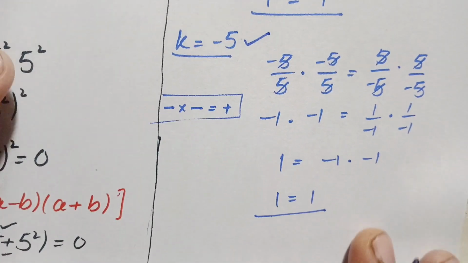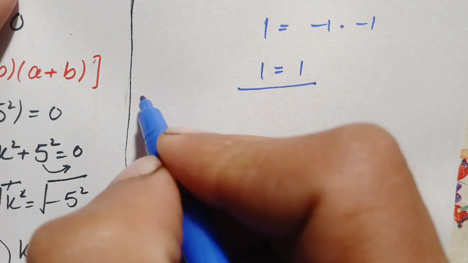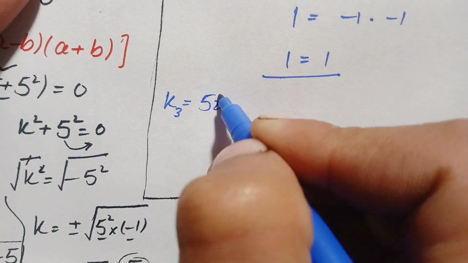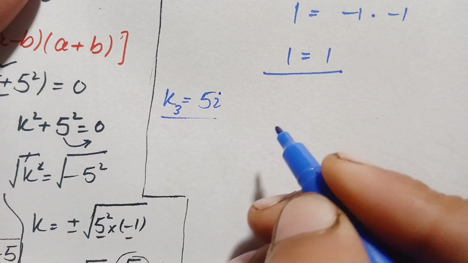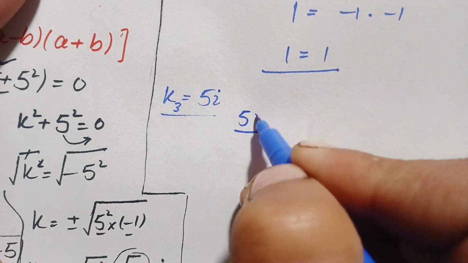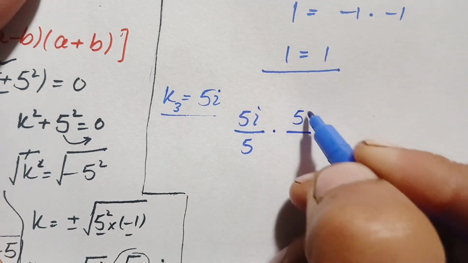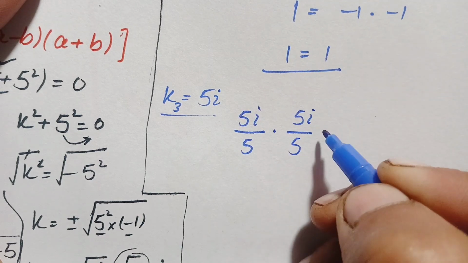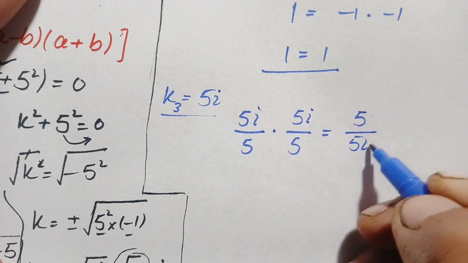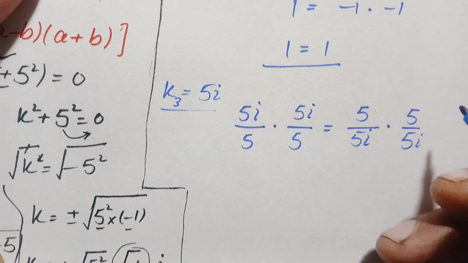Now here we will try to verify the complex values. The first complex value is 5 iota. So let's replace k with this value. So this becomes 5 iota divided by 5 times 5 iota divided by 5 is equal to 5 divided by 5 iota times 5 by 5 iota.